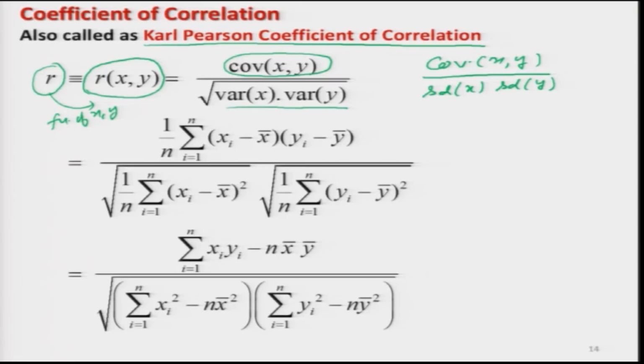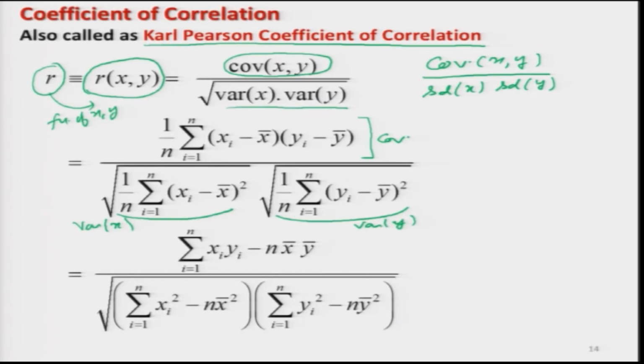So, that is what I said, that in order to define the coefficient of correlation, we need the concept of covariance and variance. We now know that covariance is written like this: 1 upon n summation of xi minus x bar times yi minus y bar. This quantity here defines the variance of x, and this quantity here defines the variance of y, and then we take the square root.